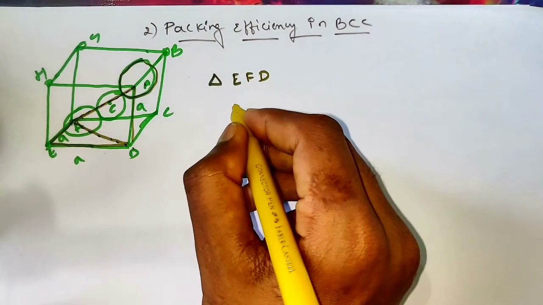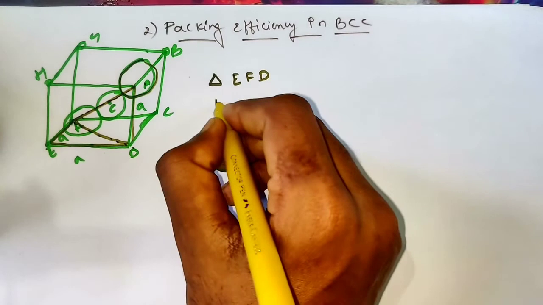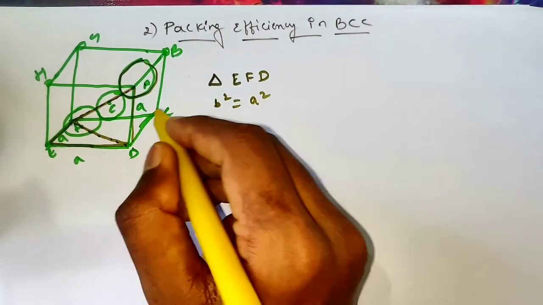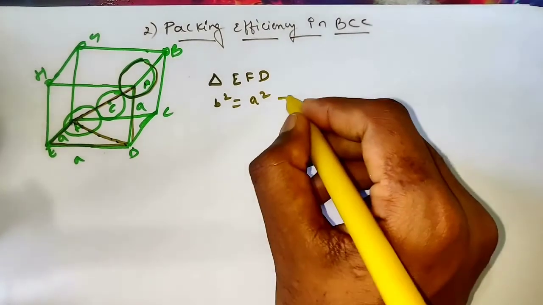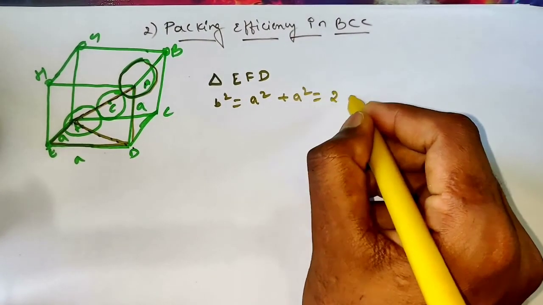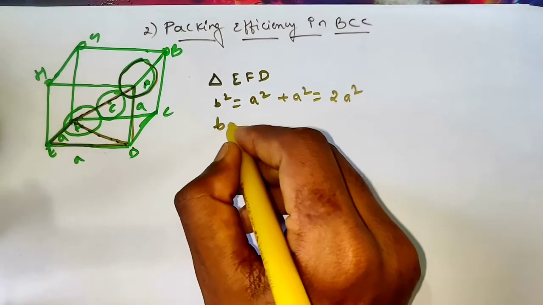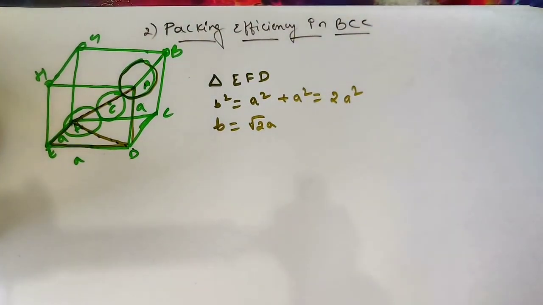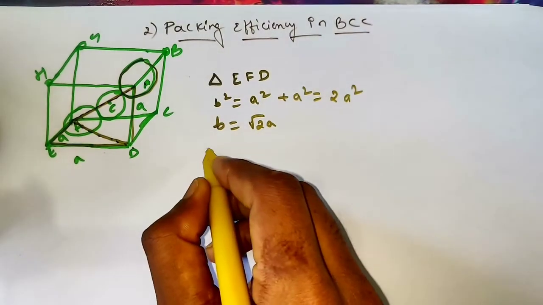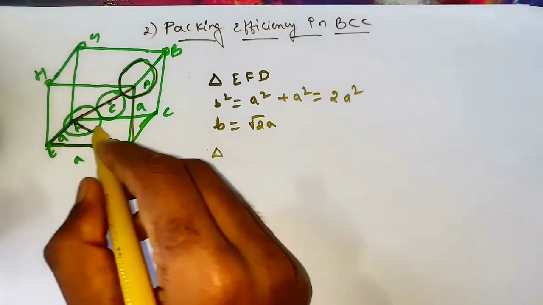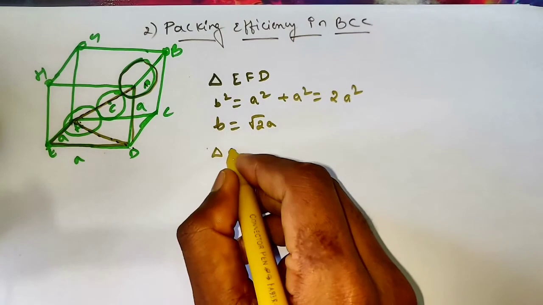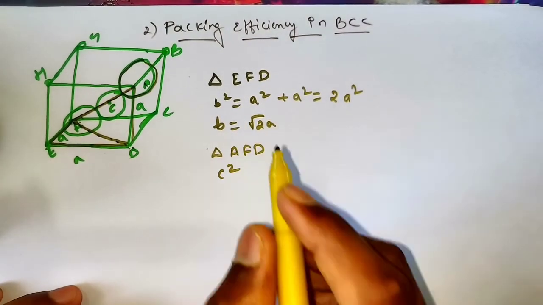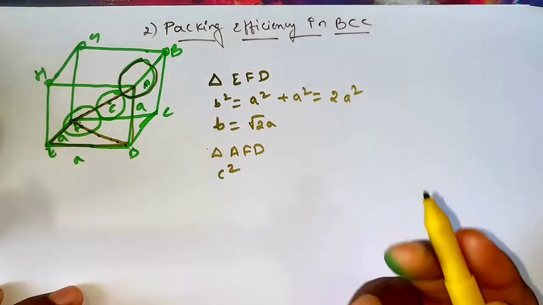When you consider the triangle EFD, b square is equal to a square plus a square, that gives 2a square, or b is equal to root 2 a. When you consider the triangle AFD, we are going to get c square, this one c.